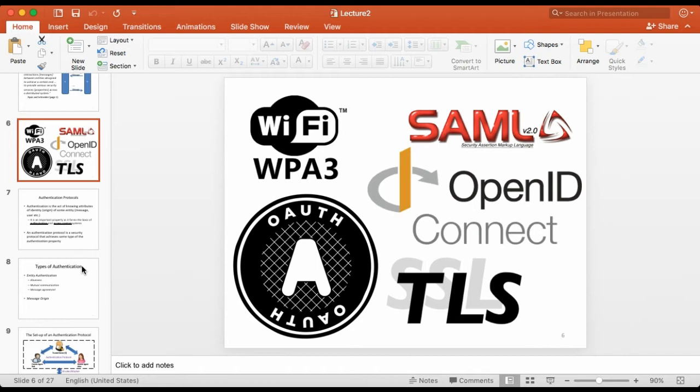And therefore, you will find the specifications of these protocols or standards, as we call them, running into tens and tens of pages, if not even hundreds of pages sometimes, because the protocol or the standard attempts to solve a lot of problems and accounts for a lot of contexts and environments. So we don't tackle these here.